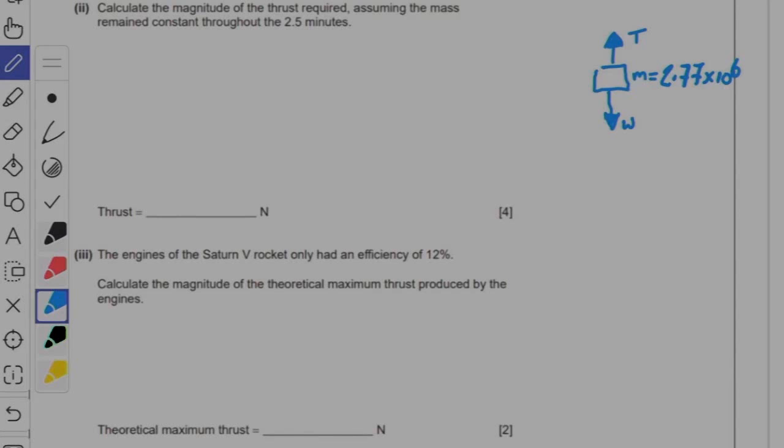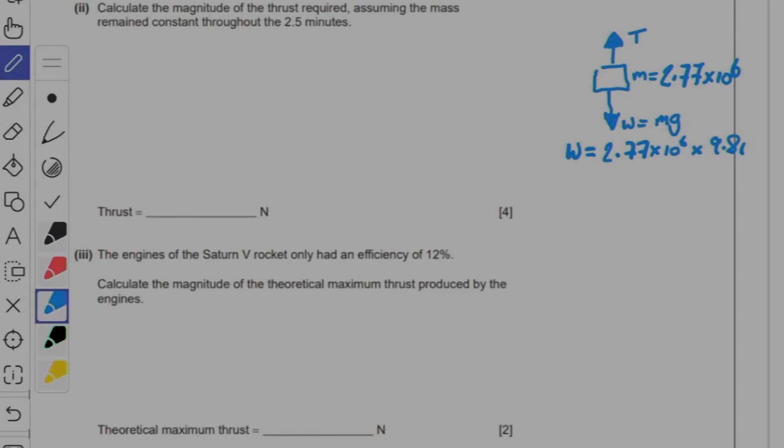So we've got a thrust acting upward and a weight acting downward, and the weight is related to the mass, so the weight is equal to mg. You should use the g from your formula sheet in these kinds of questions. So 2.77 times 10 to the 6 kilograms times 9.81 will give us the value of W.